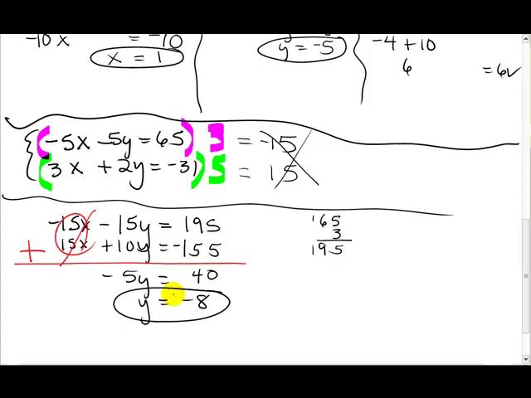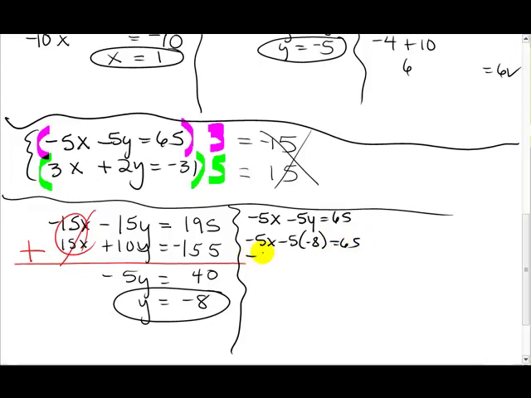Then I want to find the other letter, so I'm going to go back to the original equation to find the x. So negative 5x minus 5y equals 65, and y equals negative 8. Minus 40, minus 40, divide by negative 5.